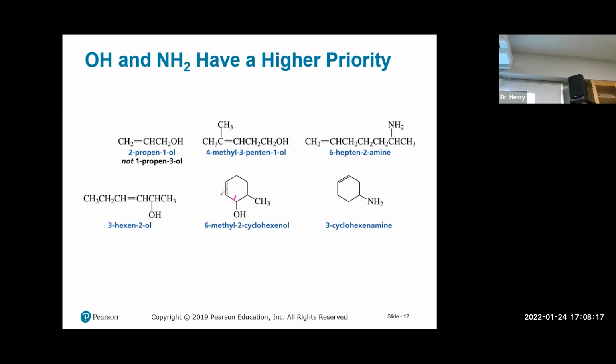So then it would have priority over the methyl. Okay, and then here, double bond versus an amine. Who has priority? The amine. Okay, so this would be 1. That would be 2. This would be 3, right?